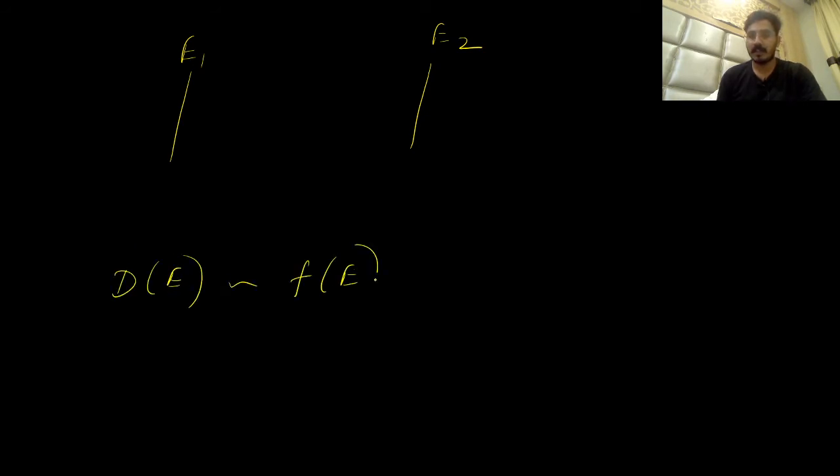Okay, so let's say this is energy level E1 and this is energy level E2. Okay, so if we know the density of states at energy level E1, okay, so we can write density of states as a function of energy. Okay, so that we can know that at what energy what is density of state.